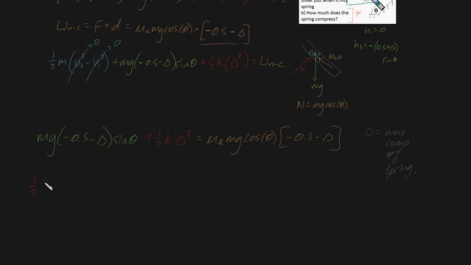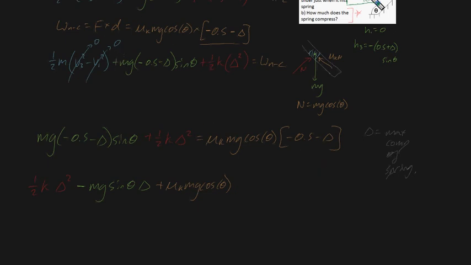That's going to be a half times k delta squared. Now there's a delta over here. Let's account for that. So we'll be leaving that with minus mg sine theta times delta. Notice there's a delta over here, so we can bring that over to the left-hand side as well. So we'll be dealing with plus mu k mg cosine theta, right?